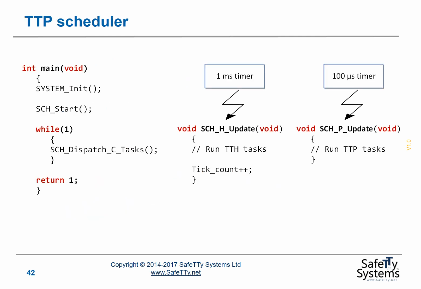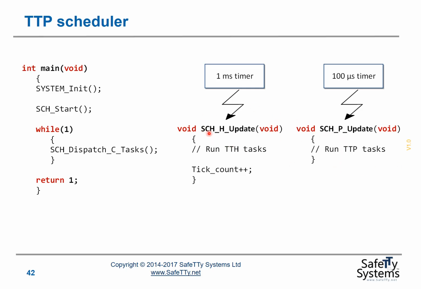We can have additional levels of task priority. In a time-triggered hybrid scheduler, we have 2 levels of task priority. In a TTP, time-triggered preemptive scheduler, we typically have 3 levels of task priority, but we can have higher levels of task priority. We simply add additional timers. We add an additional timer to the system in this case, which might run more frequently than the other timer.